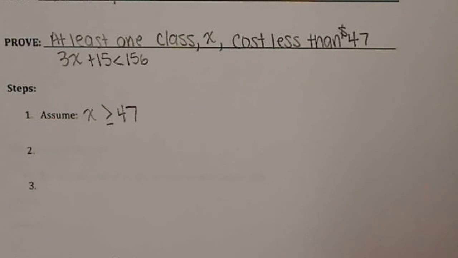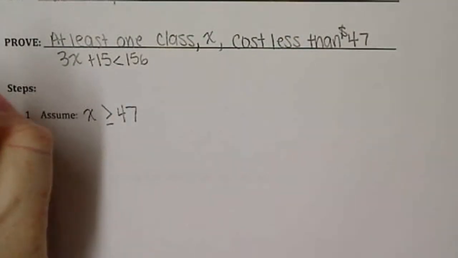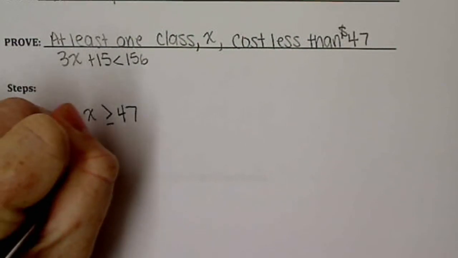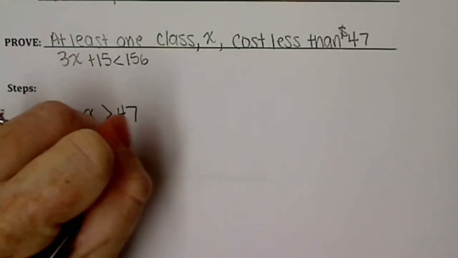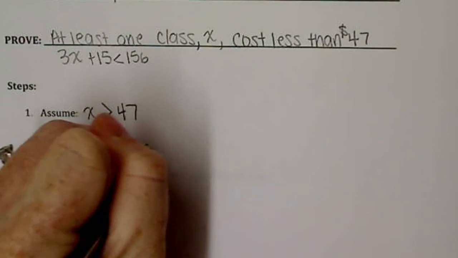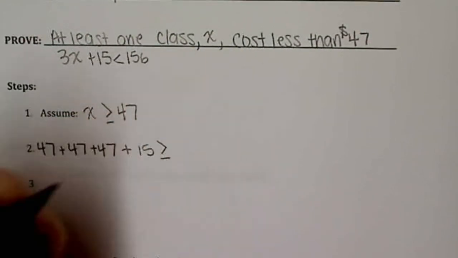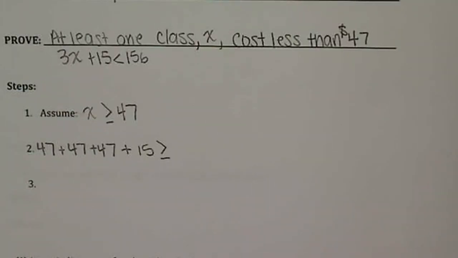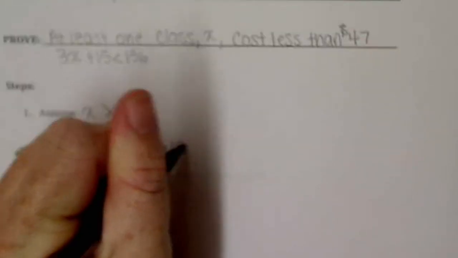Well, if each class costs the same, the easiest way is to say, what if they all were $47? So 47 times 3 classes, plus the administration fee has to be greater than or equal to $156.